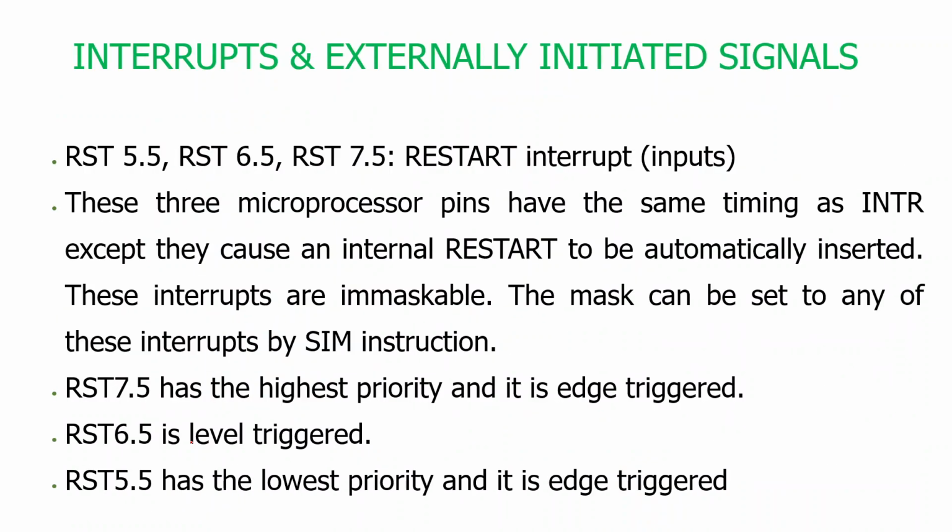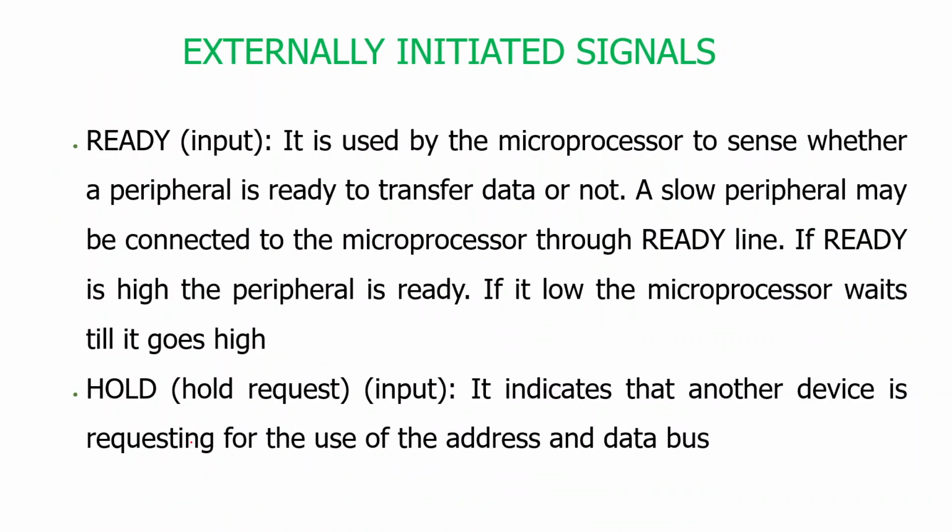These are some of the interrupts given to the 8085 microprocessor, and there is a priority. Based on the priority, the microprocessor will execute these interrupts. After completing the interrupt task, it will restart its work.